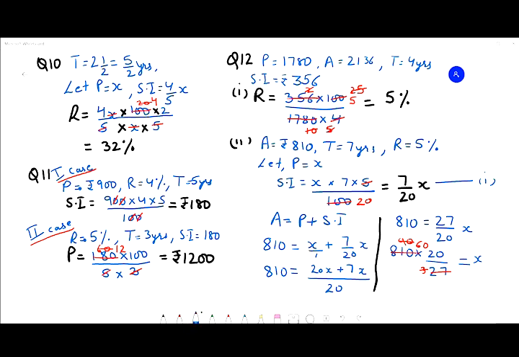Sorry, cutting is little wrong. It will be 30. I'm sorry. So this is going to be 600 rupees is X, and X is my principal. We reached to the correct answer.